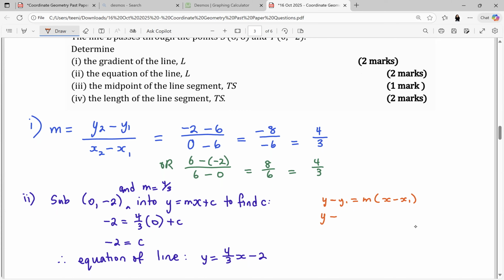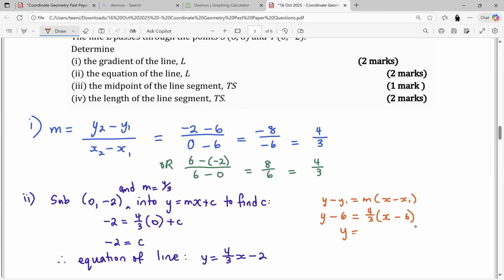So it'll be y minus 6 is equal to the gradient m, which is 4/3, by x minus 6. So in this method, you replace y1, x1, and m, and then you simplify.